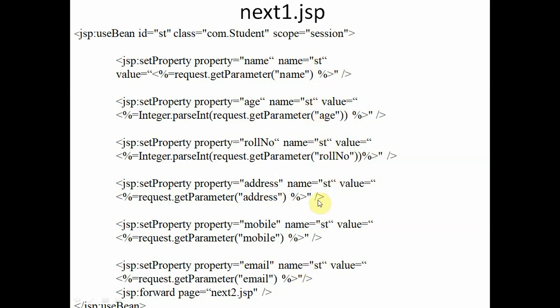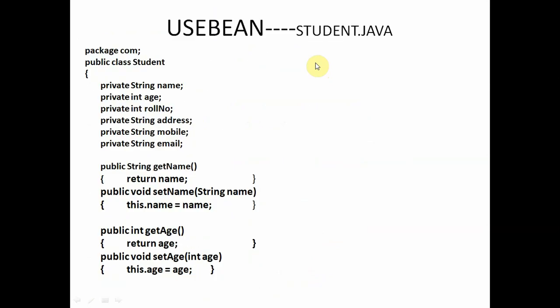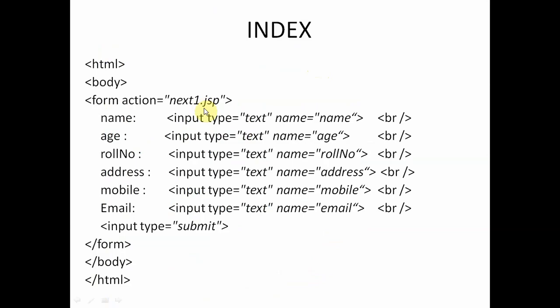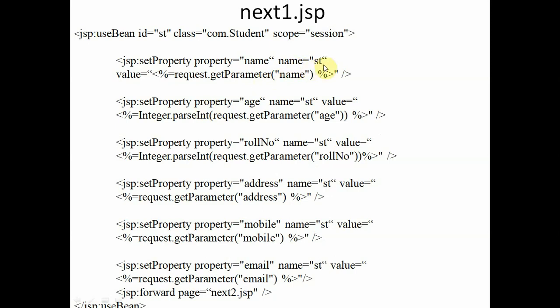In all the lines we have mentioned st because st is the object of the class, and there is only one class. Inside this class we have 6 variables, so for all 6 variables we have the same class. For all 6 lines we will write st as the name of the class, while the variable, the property, will change: property name, age, roll number, address, mobile, email.